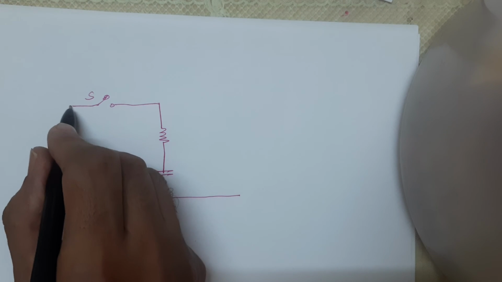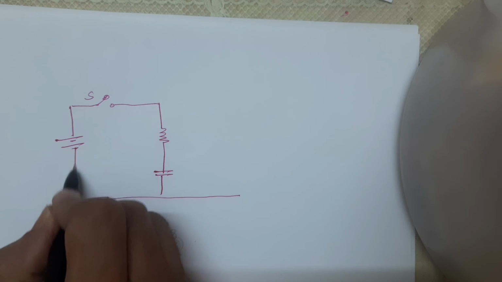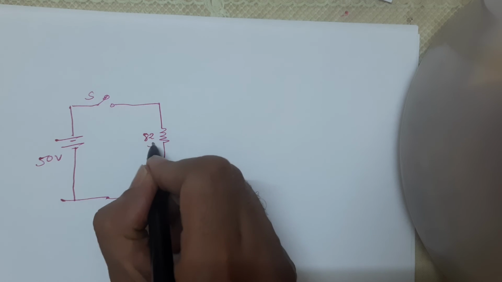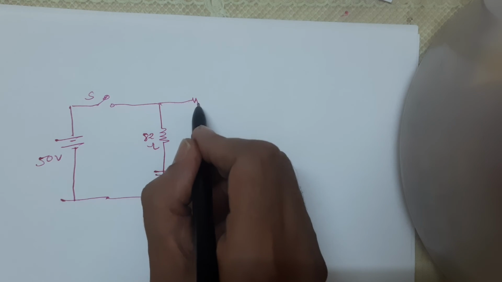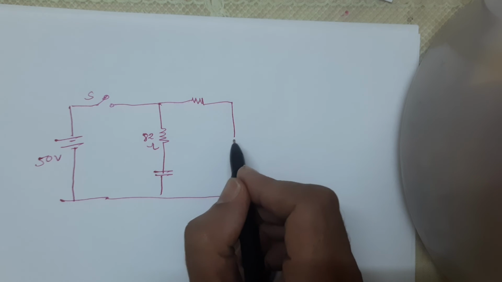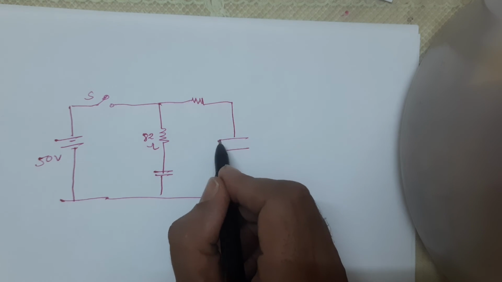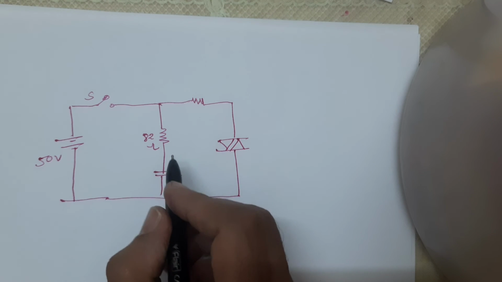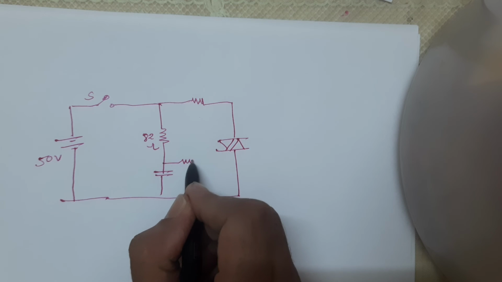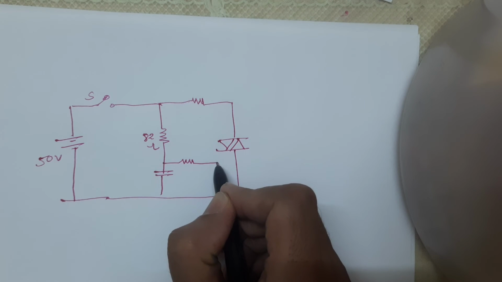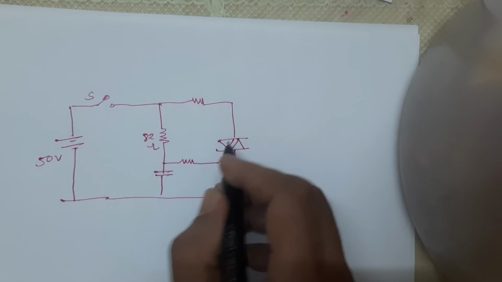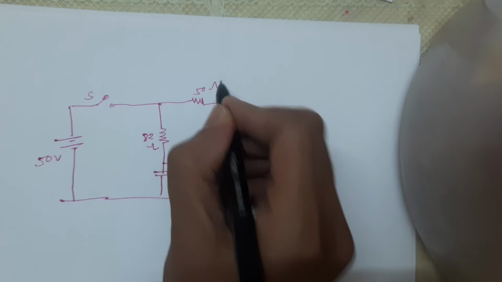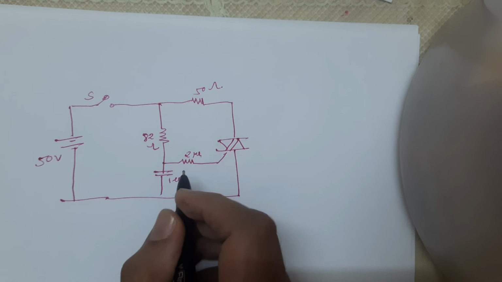This is your battery, 50 volt battery. 82 ohm. All of these values are given. And this is your triac. Where is the gate? This is your gate. In the gate we are connecting a 2 kilo ohm resistance. This is your 2 kilo ohm, this is your 50 ohm, and one capacitor of 1 microfarad.